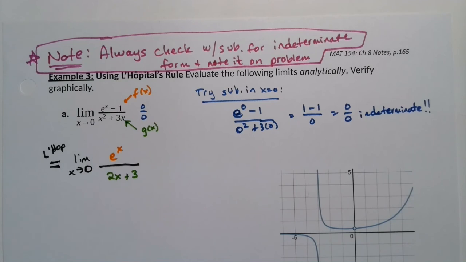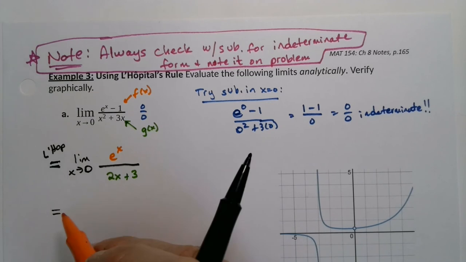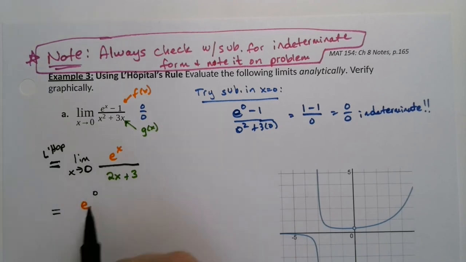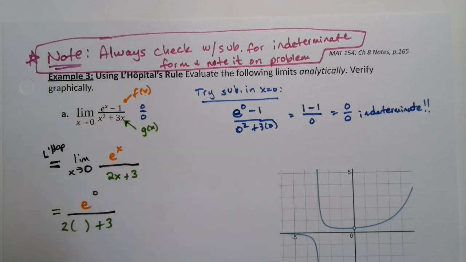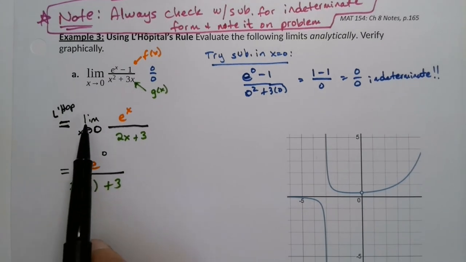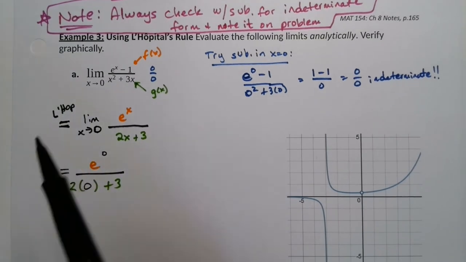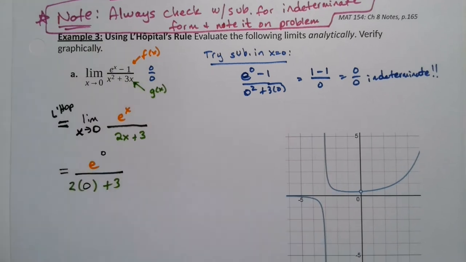All right, now I will try to substitute. So that would be e to the 0 over 2 times 0 plus 3. When you substitute is when you can finally drop the limit piece. This limit notation has to be kept in the problem all the way until you actually substitute.